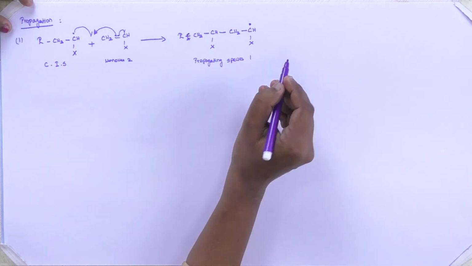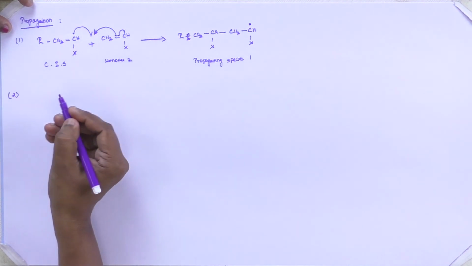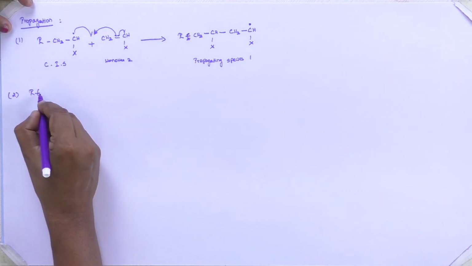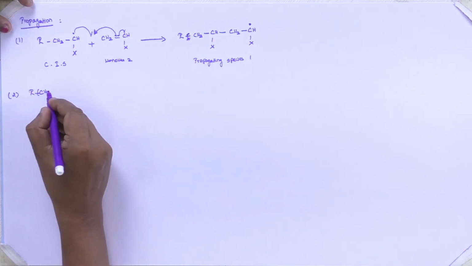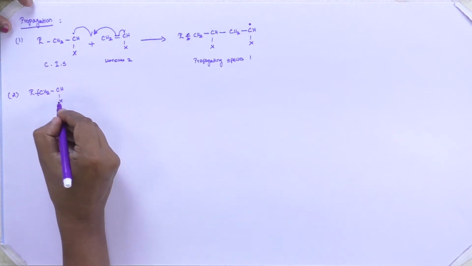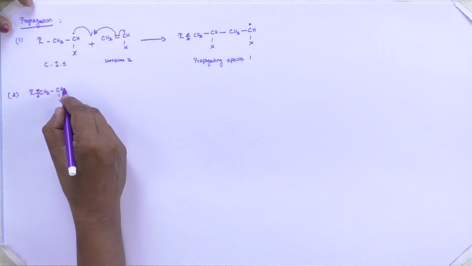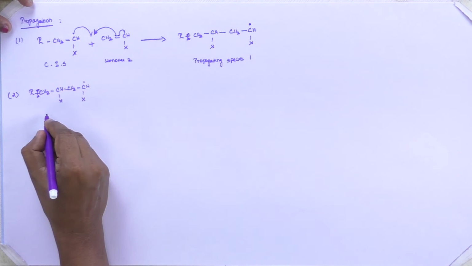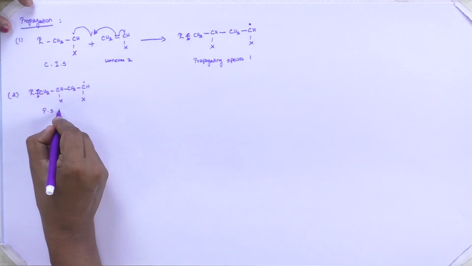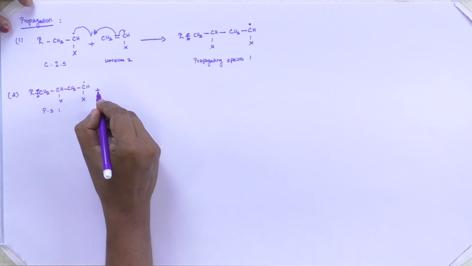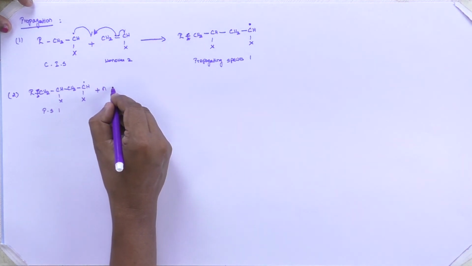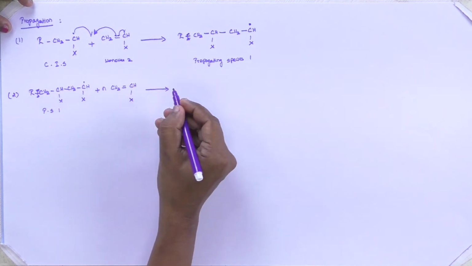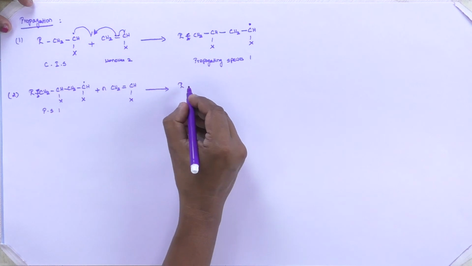But during a reaction, you have n molecules of the monomer. So let us take this propagating species 1, CH2 CHX, CH2 CHX, which was taken from the previous step. It attacks monomer 3 and n molecules of the monomer, and so on, CH2 double bond CHX. Your product will be a growing polymer chain like this.